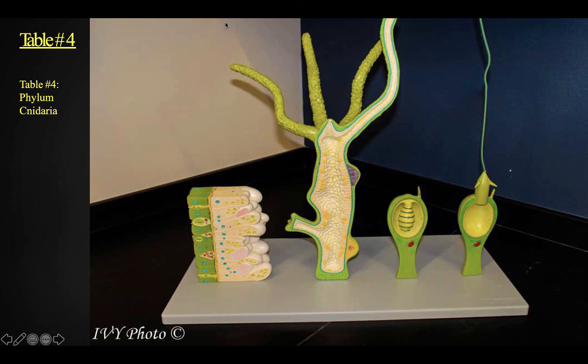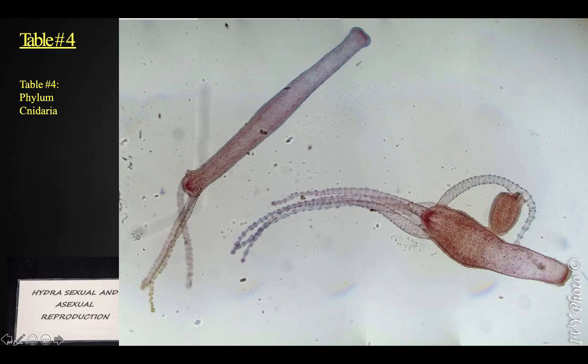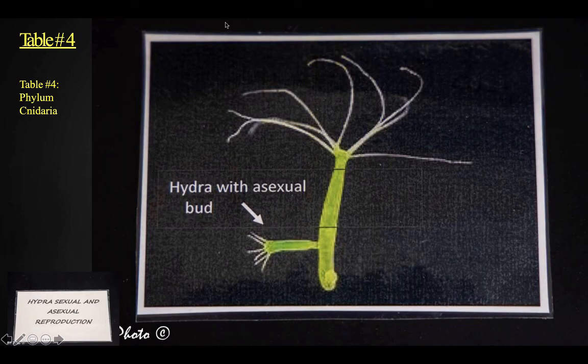And then it's going to ask you to label the different parts of this on your handout. And then what is the function of the nematocyst that's in there. And then it wants you to observe and draw the Hydra with the bud. So this is the Hydra with the bud, or you can even draw this one.